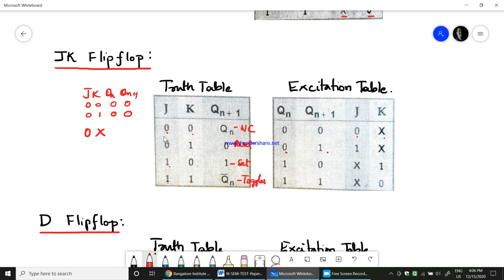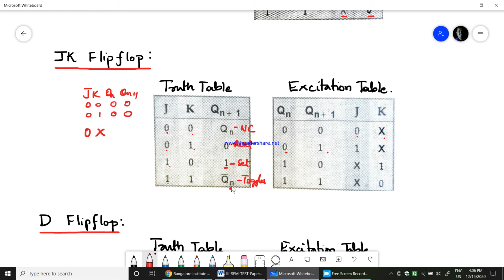Similarly, Qn is 0 and Qn plus 1 is 1. This can come in two states. See, 0 is the present state and 1 is the next state. That can happen in the set state, and also when 0 becomes 1 in the toggling state.